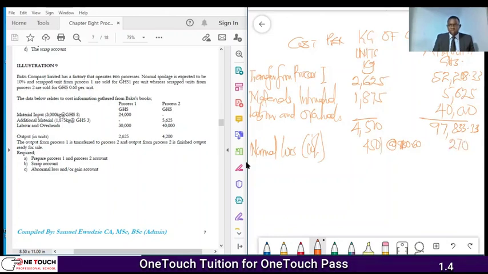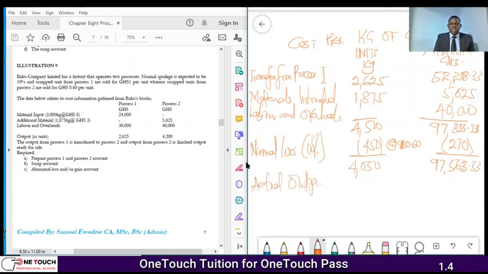So this reduces the cost. 4,500 minus 450 gives us 4,050, at a cost of 97,833.33 minus 270, that is 97,563.33.